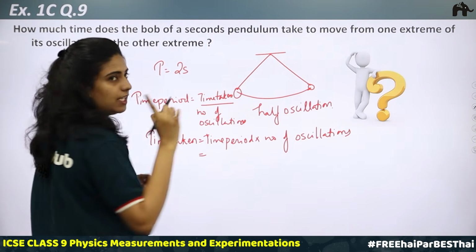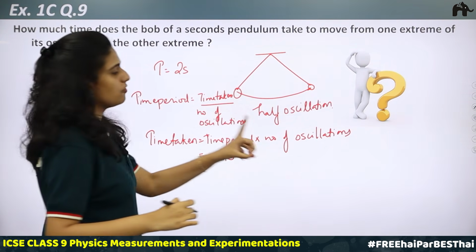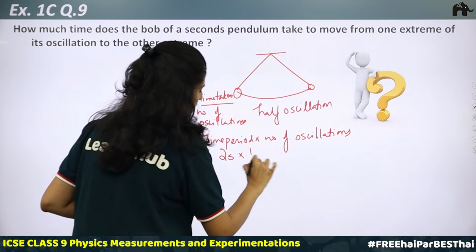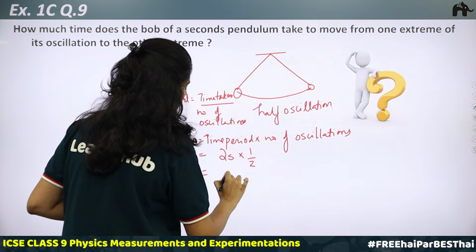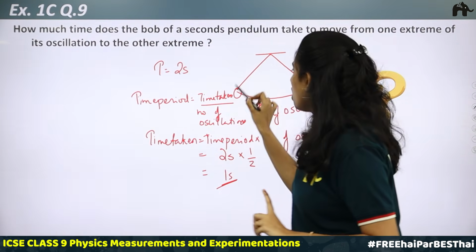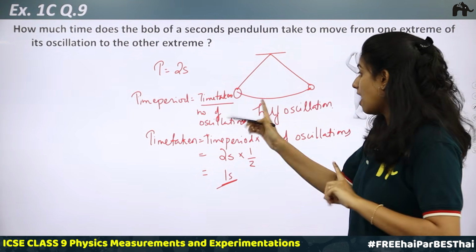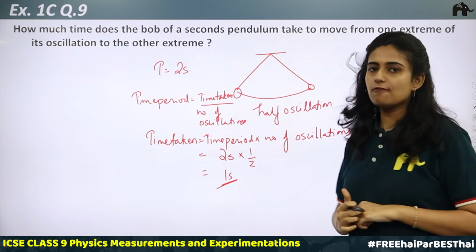What is the time period? For a seconds pendulum, time period is 2 seconds. 2 seconds into number of oscillation, half. So you will get 1 second. So the time taken for the bob to move from one extreme position to the other extreme position, just a half oscillation, is equal to 1 second.